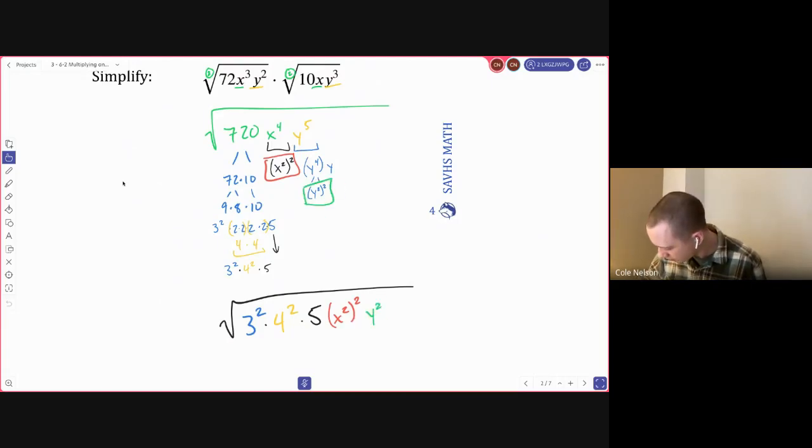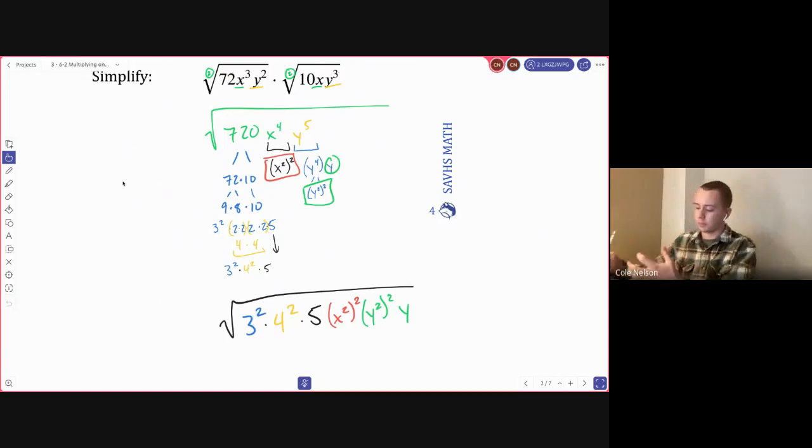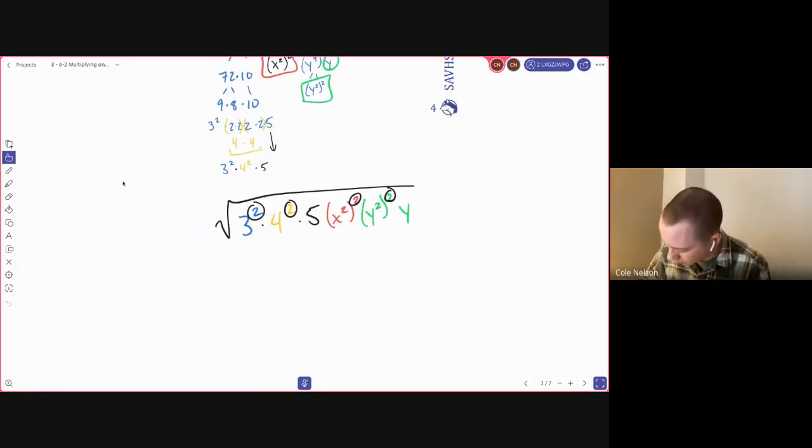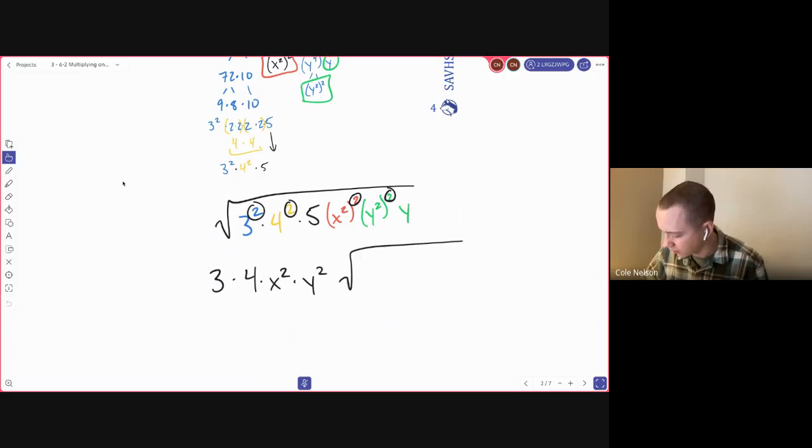And then I have this y hanging out at the end. Okay. Pull everything out of the radical that matches the index, which is 2, by the way. So I have a 3 and a 4 and an x squared and a y squared times the square root of everything else that's not exponent 2. So 5y.